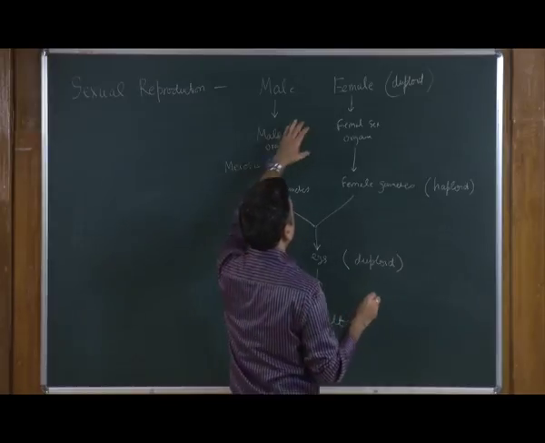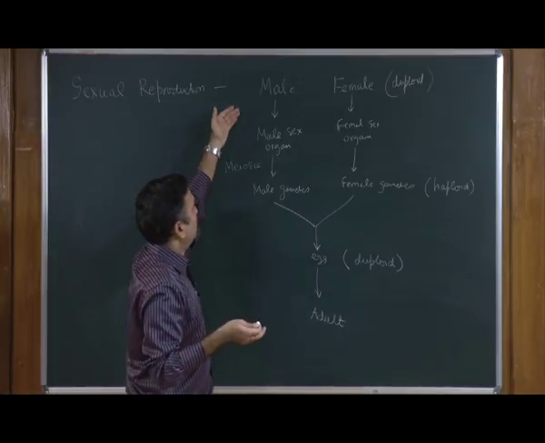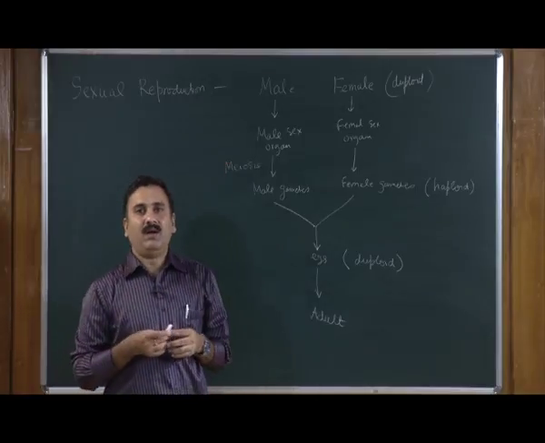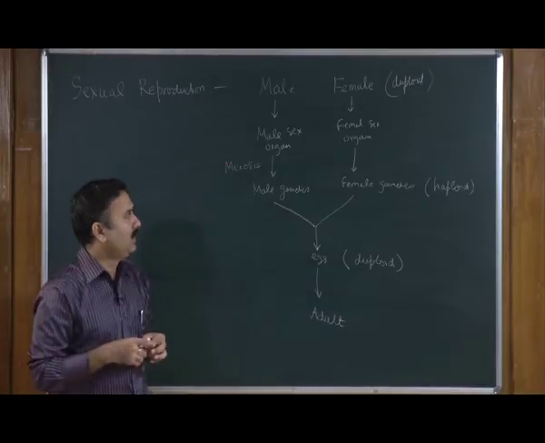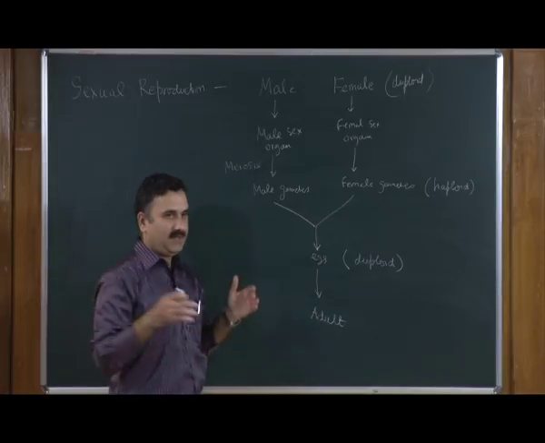This is the schematic scheme through which sexual reproduction occurs in any organism. If you see this scheme, it has three distinct phases.